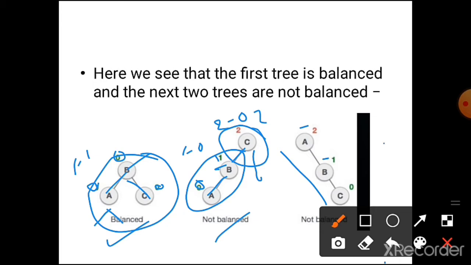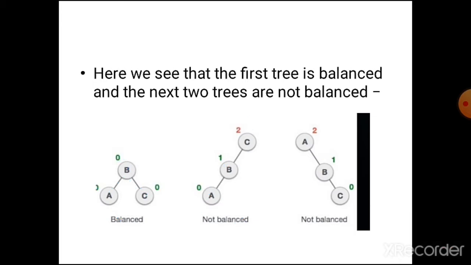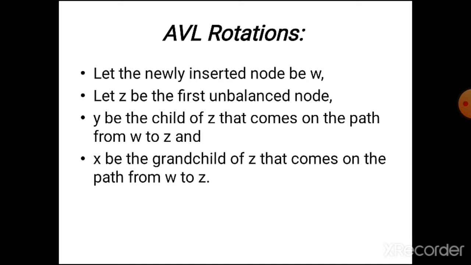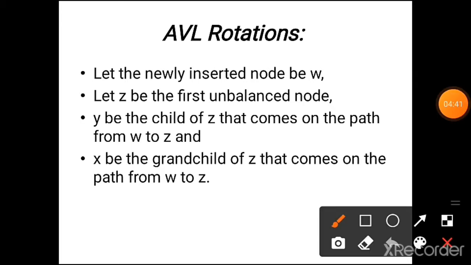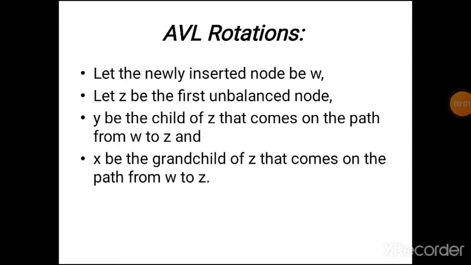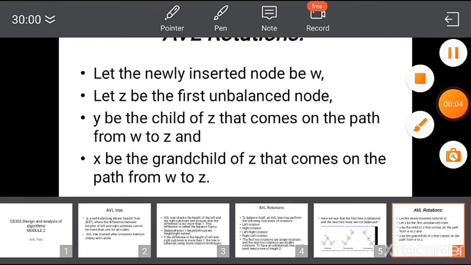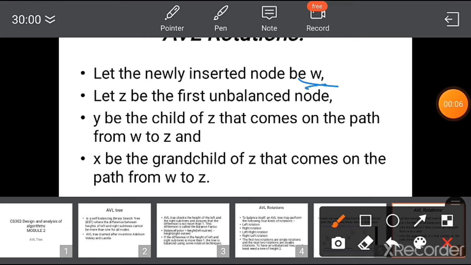So we need to make this tree a balanced one. For that, we are using some rotation techniques. Suppose the newly inserted node is W. First, perform the standard BST insert for W; BST is binary search tree.